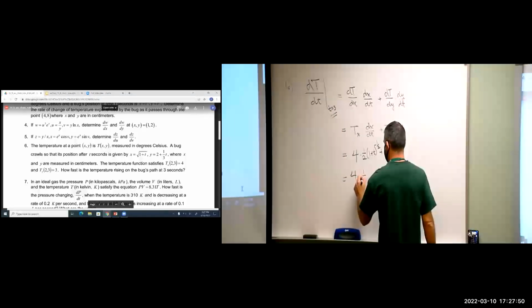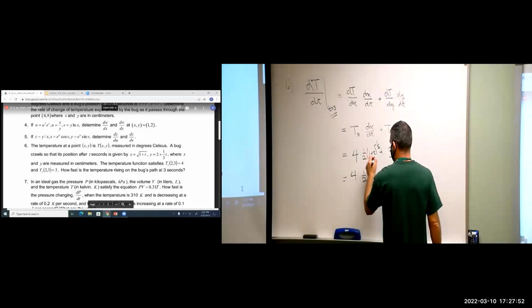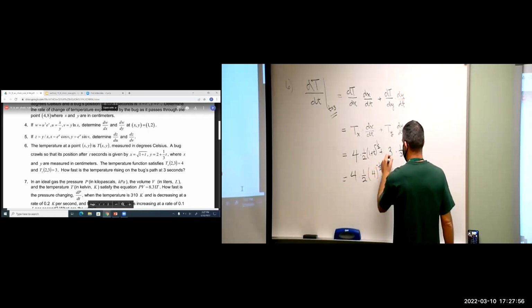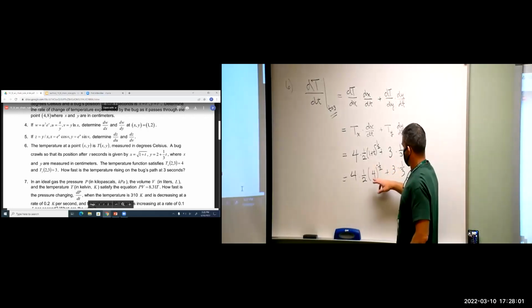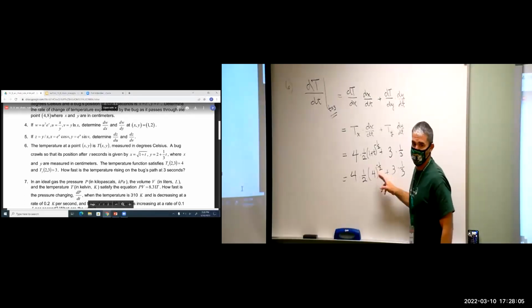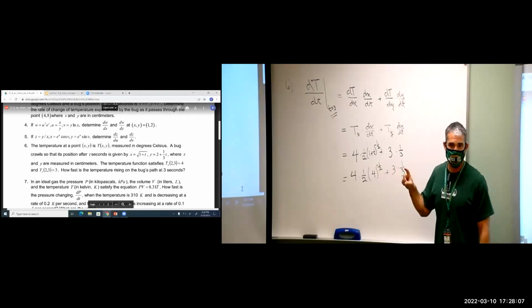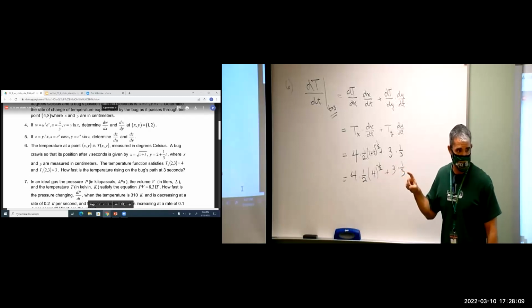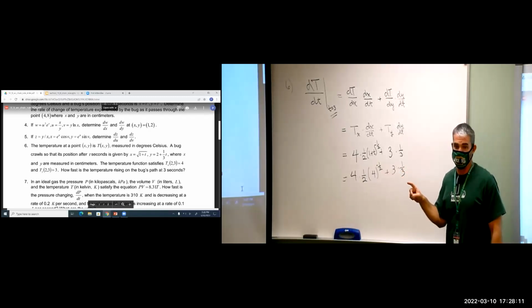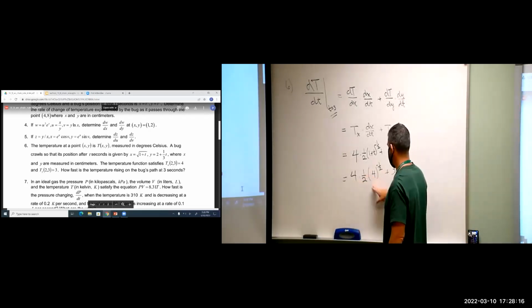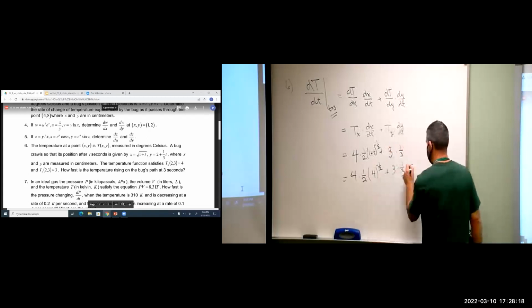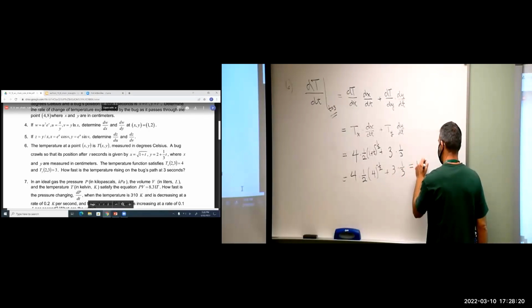So 4 times 1/2 times (1 plus 3), there's our 4 to the negative 1/2. And 3 times 1/3. I'm just going to write it all out for right now. So 4 to the negative 1/2. The negative means we take the reciprocal, the 1/2 means we take the square root. So the square root of 1/4 is 1/2. So we have 4 times a half, which is 2. And 3 times a third, which is 1.